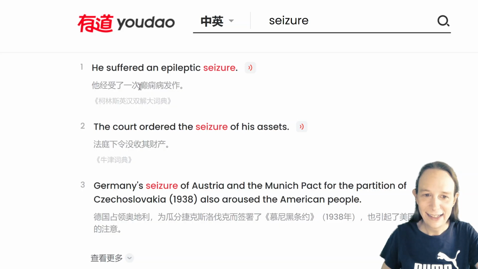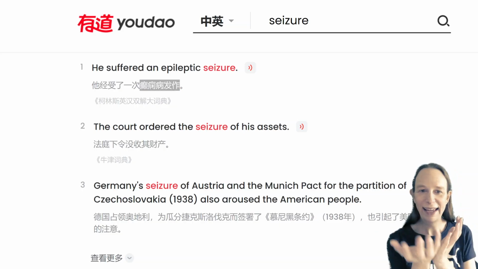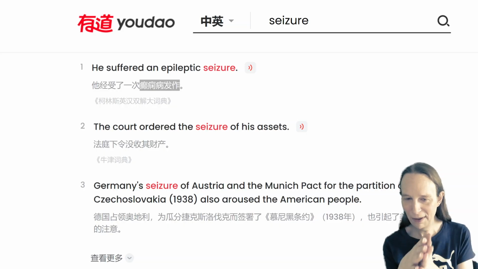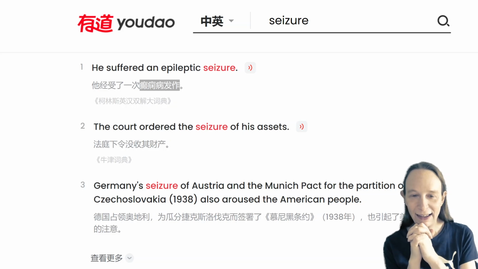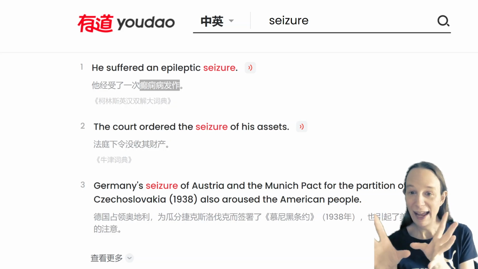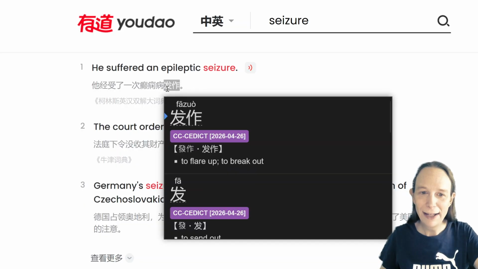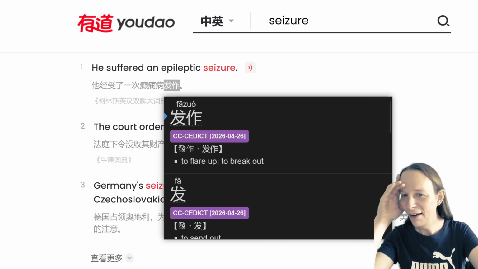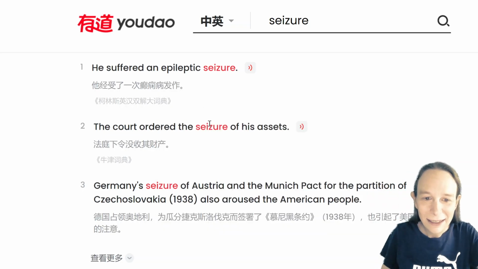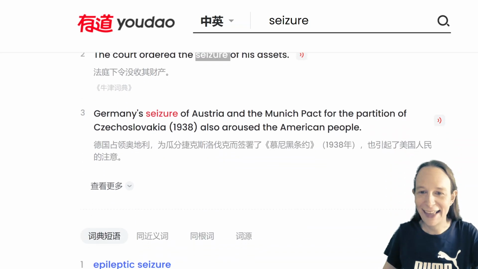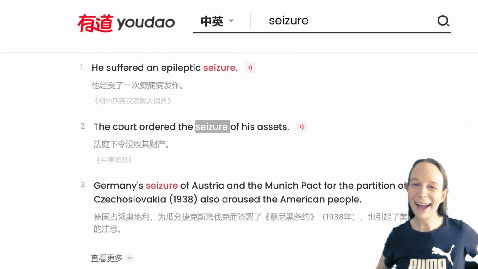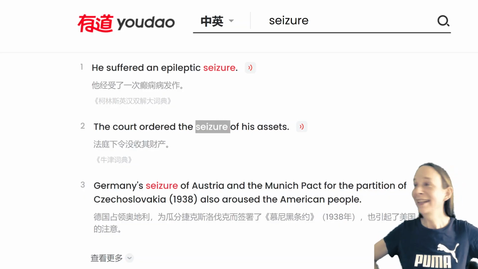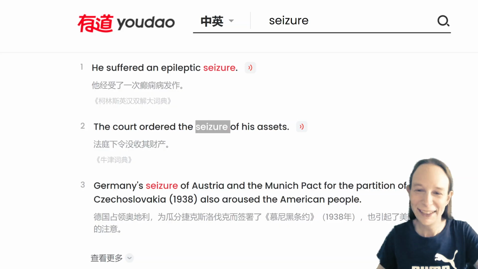Okay. Oh, okay. Instead of saying he suffered an epileptic seizure, it says he's having an epileptic outburst. I don't know. 发作, flare up. Seizure of his assets. I choose to interpret that wildly. I was like, oh, my assets are convulsing.